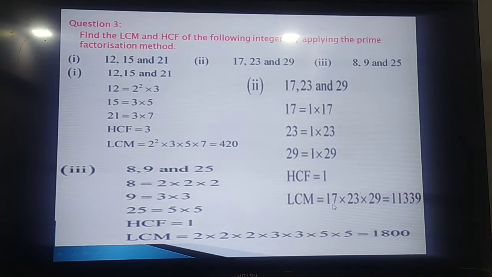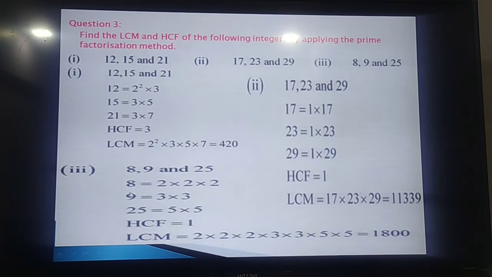So LCM of this is 17 into 23 into 29, that is 11339. So in this case, the product of all these 3 numbers is the LCM, and HCF is 1. So HCF of prime numbers is always 1 and LCM is the product of those numbers.